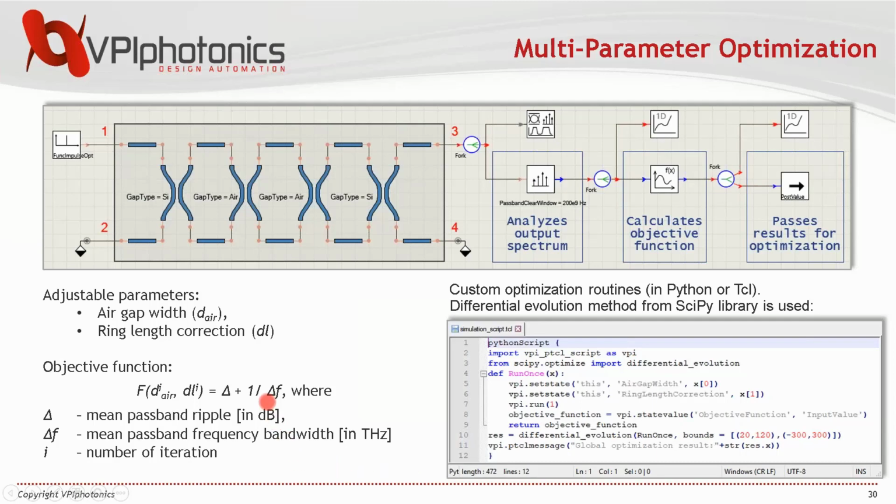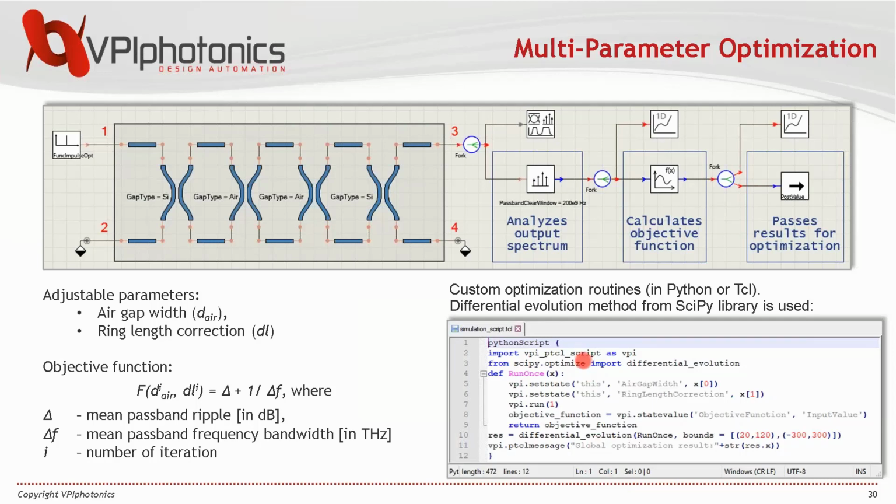And if we measure ripple in decibels and bandwidth in terahertz, they will give a comparable contribution to the objective function. We use our simulation script technique to perform this optimization, and particularly we employ a differential evolution method imported from the SciPy library, which is a Python library.